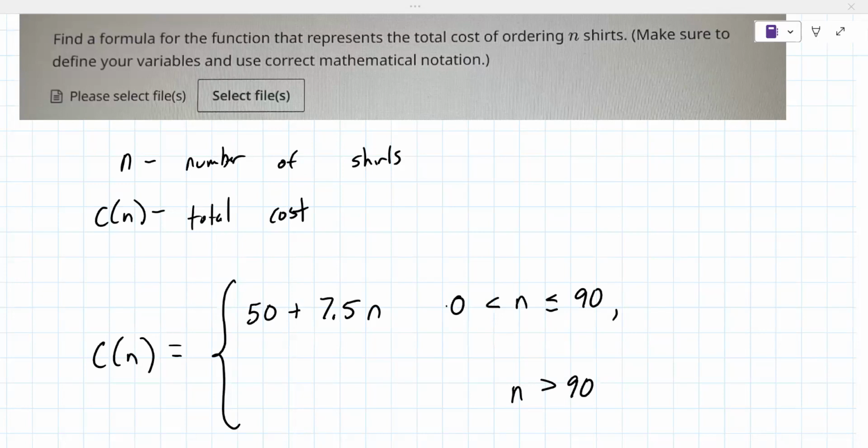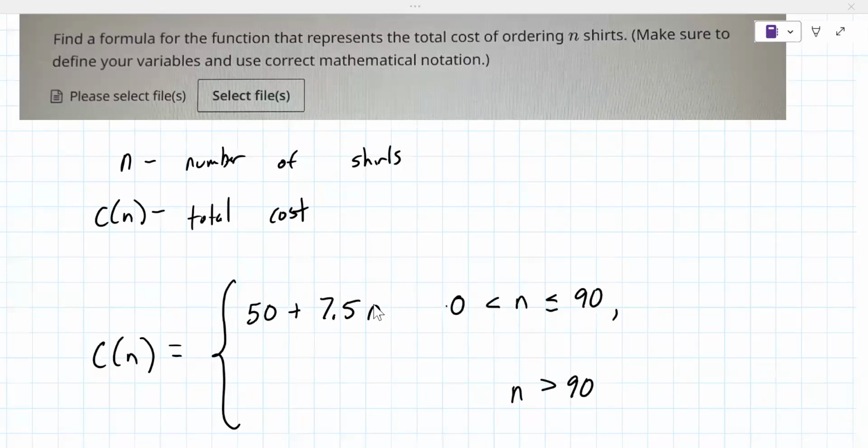Wait, I'm sorry. How do you figure that out? Which part do you use? You have to evaluate this top piece at the end point. You want to know how much it costs to make 90 shirts, because that leads into the next part. Oh, okay.